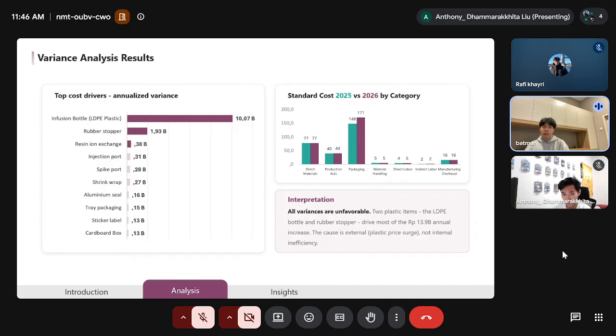All variances are unfavorable, and the total increase is about 13.9 billion per year. But here is the important point. The cost increase is because of an external, not internal, problem. It comes from a rise in global plastic price, not from waste or inefficiency inside the factory.